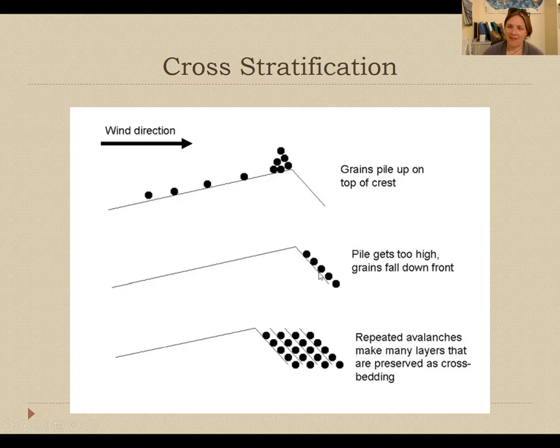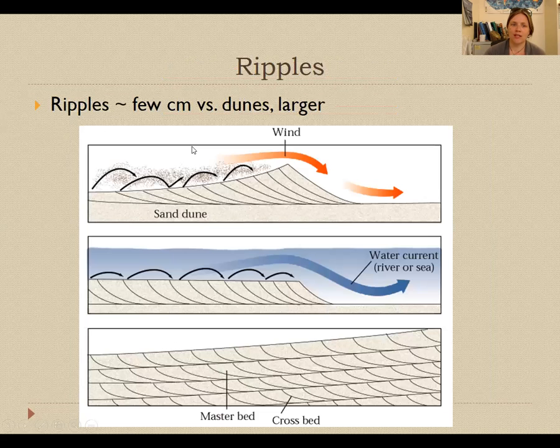At the same time, or in a very short period of time, it accumulates this additional layer on the protected side, the lee side of the mini cliff. Over time, this happens over and over again to create these different cross beds. And so we can see that the bottom of these cross beds is pointing in the direction that the wind is moving, as I just mentioned.